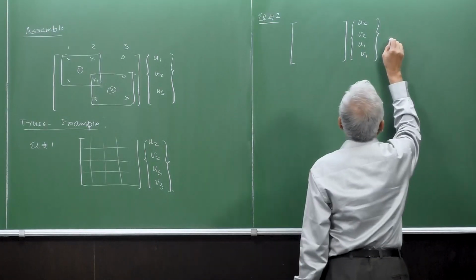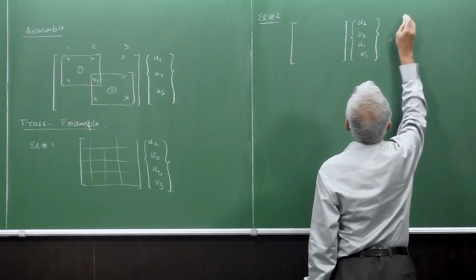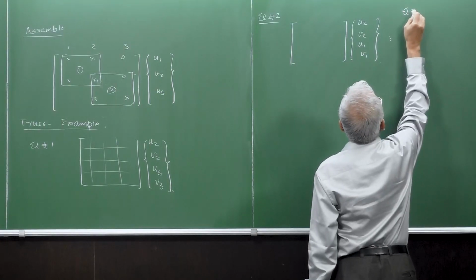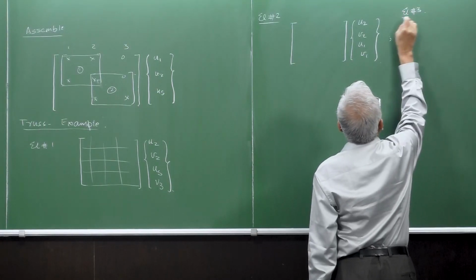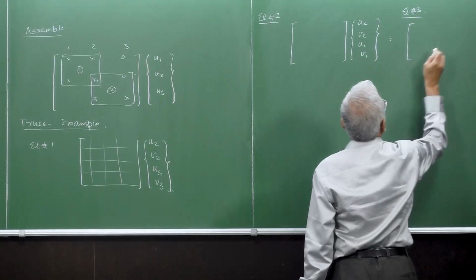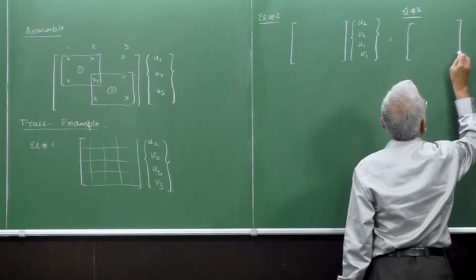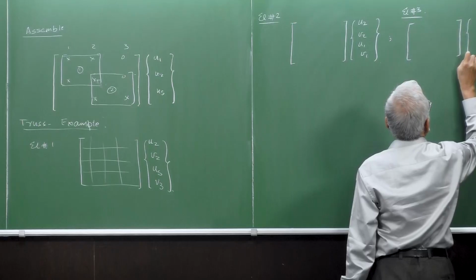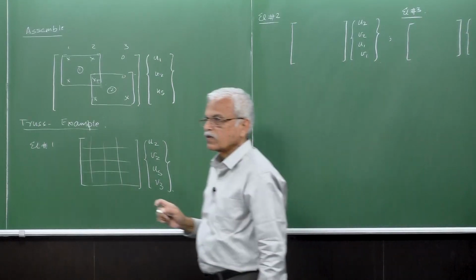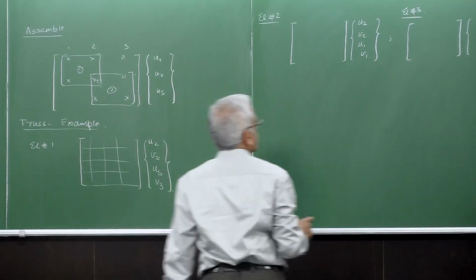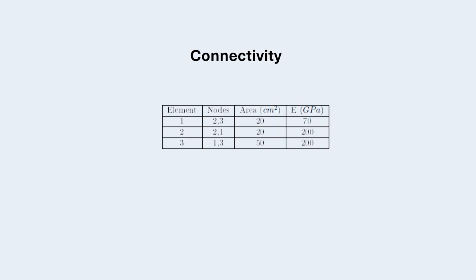Similarly, element 3 goes to 1 and 3, I'm sorry. So it goes to U1, V1.